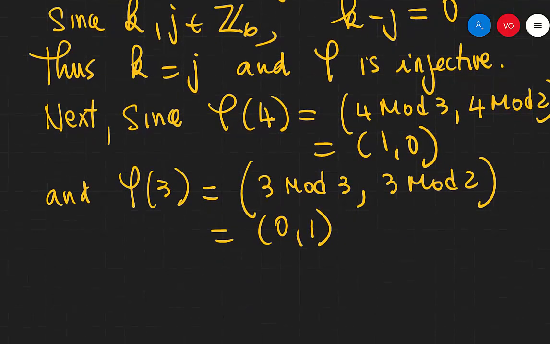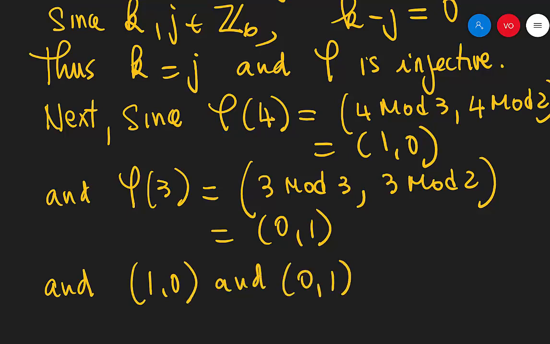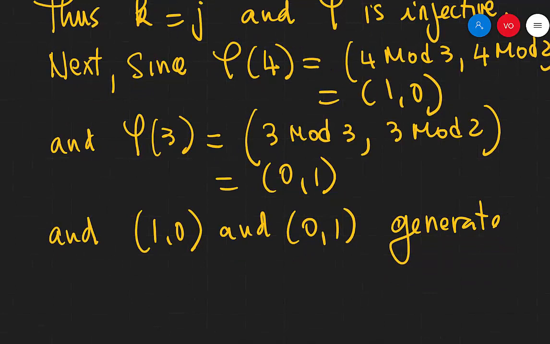Notice that (1, 0) and (0, 1), both of these two together generate Z3 Cartesian product Z2, right? So if you can show that the generators are in the range of the function, then every element in this group will be in the range of phi, right?